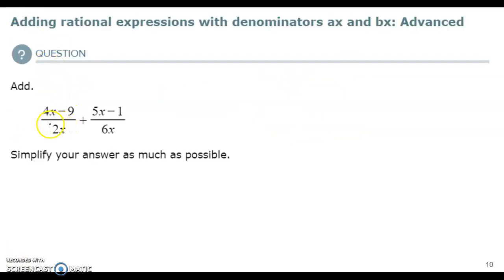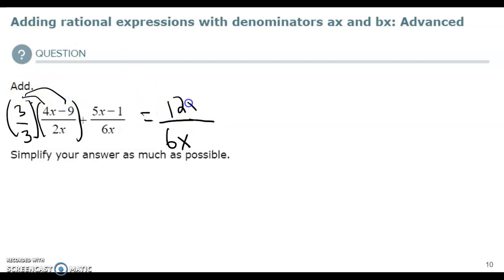Okay, so we do not have common denominators here, so we need to think through how to make common denominators. 2x and 6x, they both have an x, so the x's are good. But I want you to think through what we need to do to make them the same. Go ahead and pause your screen. What we need to do is get 3 over 3. It asked us to simplify, so I'd have 6x. And then I can distribute that 3.